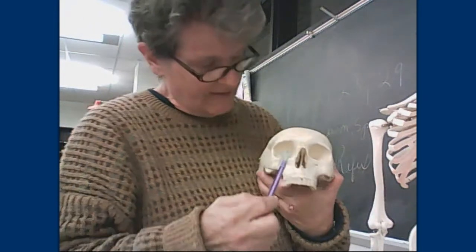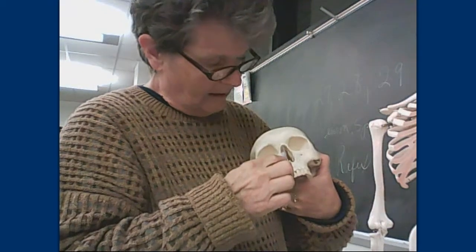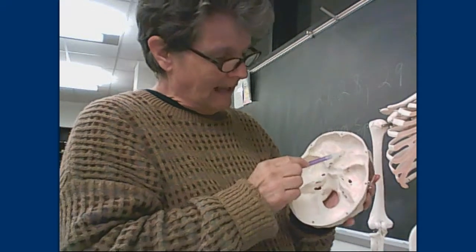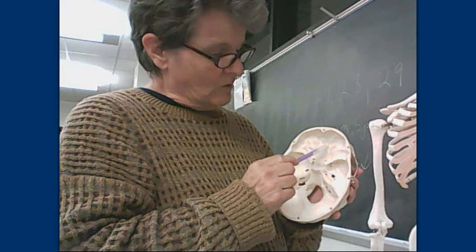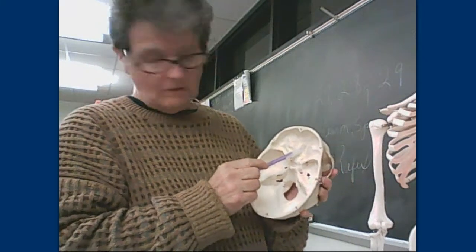So you have this part of the ethmoid bone that goes through the middle of the nasal cavity, and it actually protrudes slightly up into the cranial cavity. And so it's continuous. That ethmoid bone is continuous all the way up into the cranial cavity.